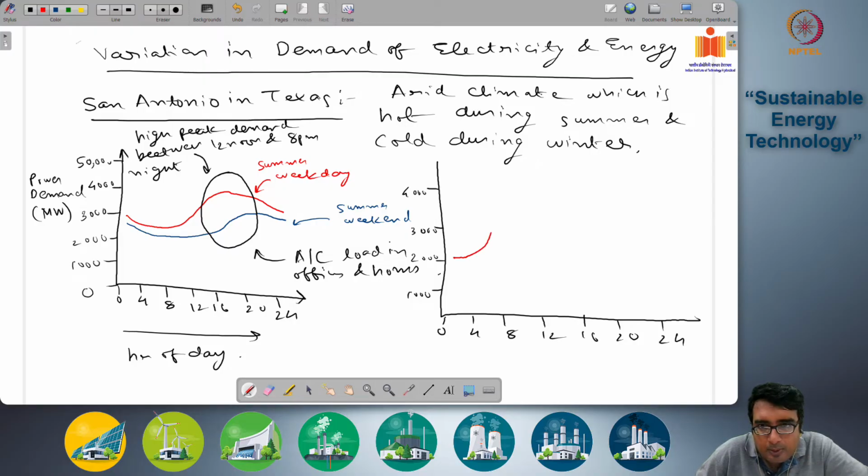However, you will see that there are two peaks. Okay. Similarly, in the weekends, the peaks are somewhat less prominent.